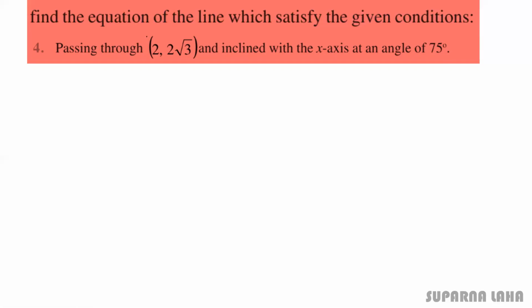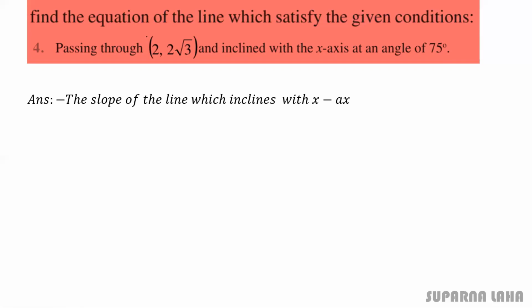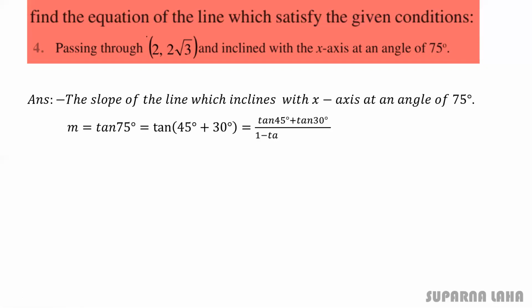So the slope of the line inclined with the x-axis at 75 degrees is m equals tan 75, and tan 75 we can write as tan of 45 plus 30. Apply the formula tan(alpha plus beta) equals (tan alpha plus tan beta) by (1 minus tan alpha tan beta). Simplify it: root 3 plus 1 by root 3 minus 1 is the slope.